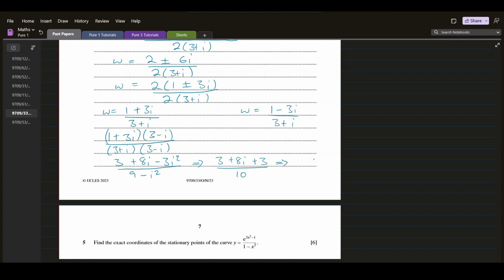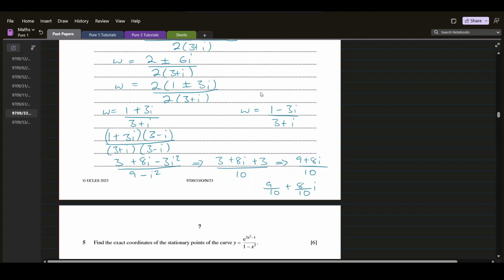And this therefore simplifies to 9 plus 8i over 10, which goes on to give 9 over 10 plus 8 over 10 i. And now let's evaluate 1 minus 3i over 3 plus i.